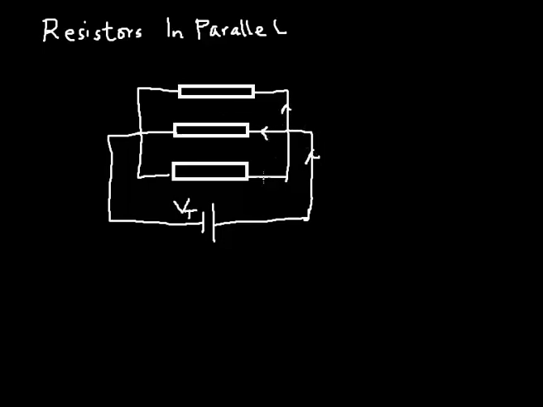So anytime you go through the path of current and you discover a branch, it simply means that what you have is a parallel connection. Let me call the first resistor R1, the second one R2, and the third one R3. That means current will divide.